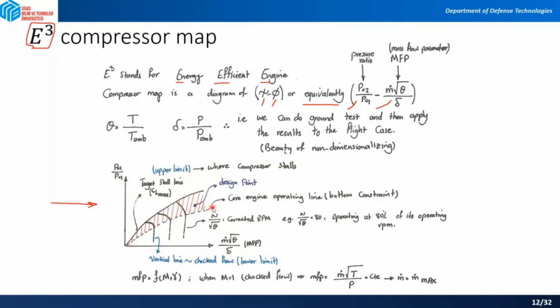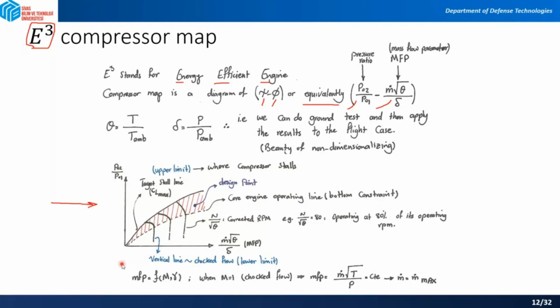So what you are doing is checking this core engine operating line, where you have reached your maximum mass flow rate, and the target stall line, where you have maximum coefficient of lift, and then you put your design point in between these. For example, I put my design point here. This is the region that is safe while designing my compressor.